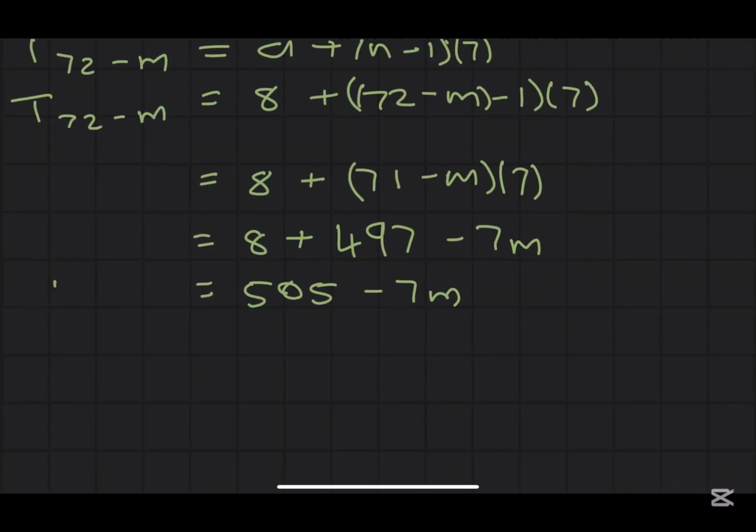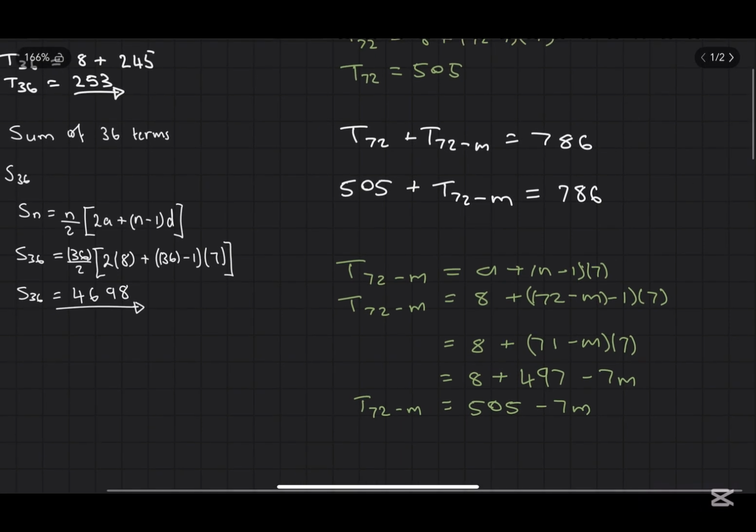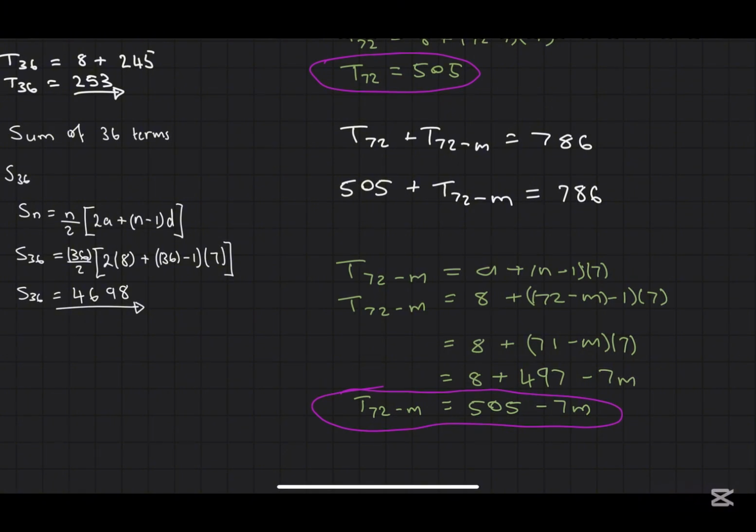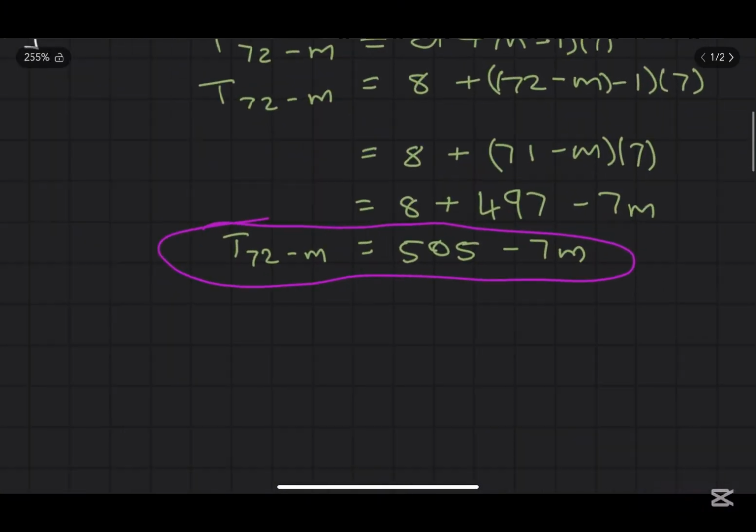That is the value of T72 minus M. So now we have these two that we have extracted, and therefore we can actually use them in the main question.